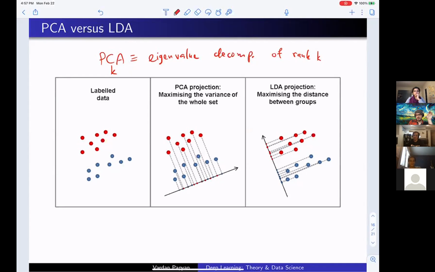Your strategy for compressing could be just picking a direction which captures as much of the norm of the original data. And that's equivalent to maximizing the variance after projecting on a certain direction. I don't know if this is answering the question. Does this make sense or it doesn't?